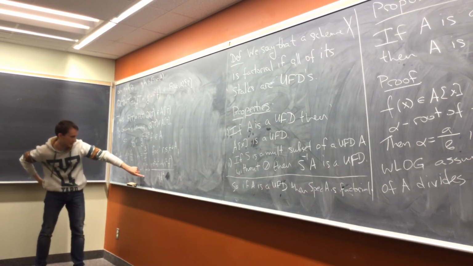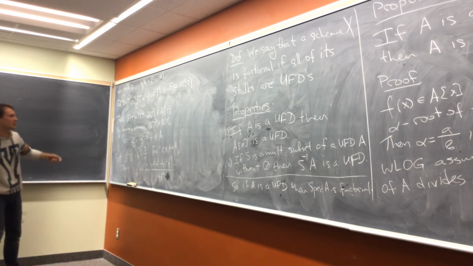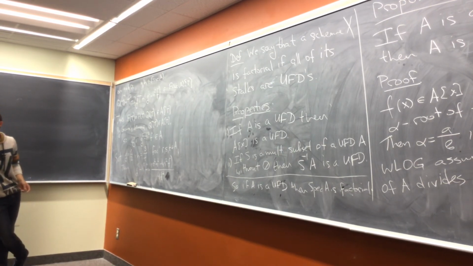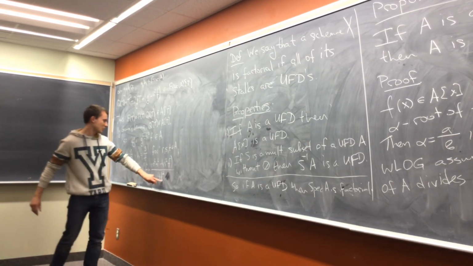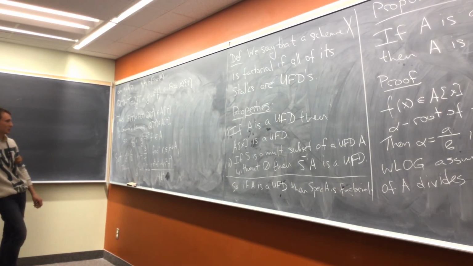This is an element in A. So somehow we need to conclude that t is invertible. I forgot how we came to this conclusion, that this denominator over here should in fact be a unit. So let me think about why this is true.